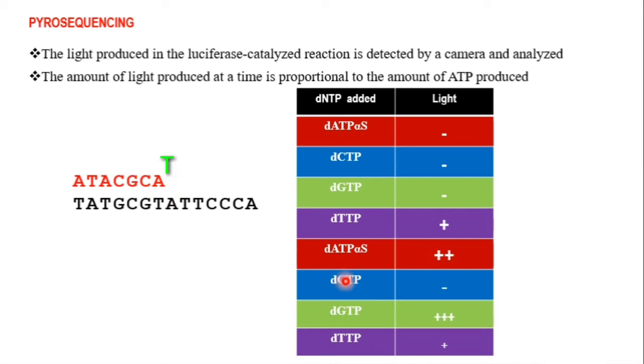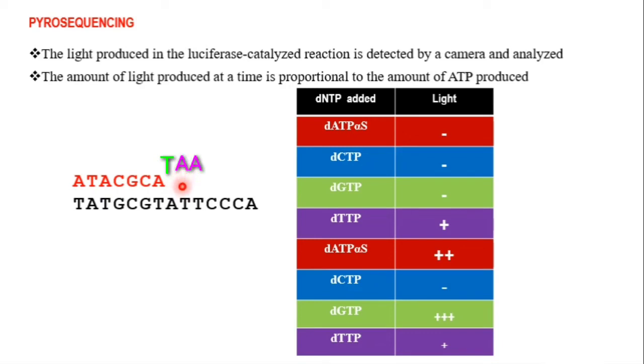So when 2T is there and we add dATP alpha S, this complementary dATP will be added opposite this T and this T. At that time 2 pyrophosphate will be released, and that pyrophosphate will be converted into ATP.